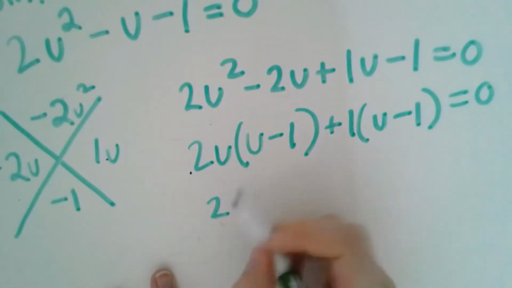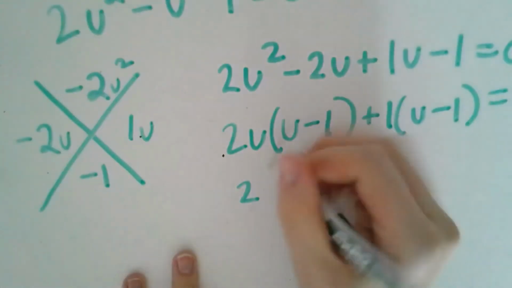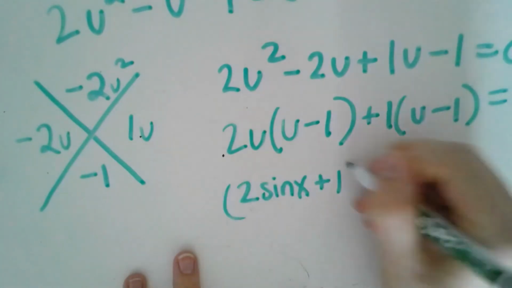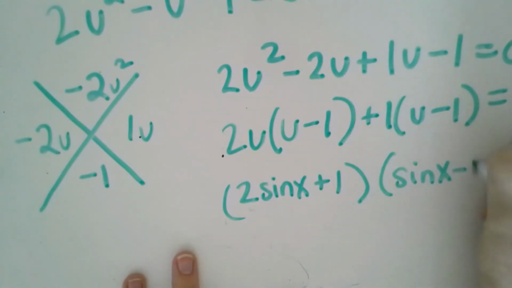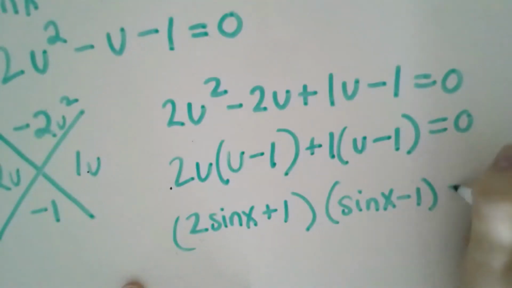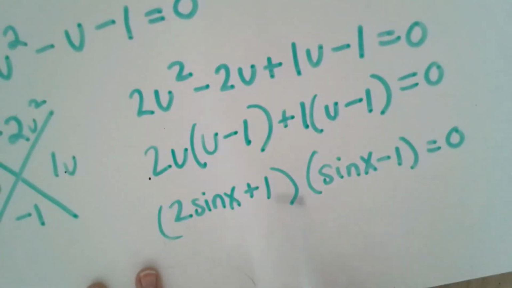And now I'm going to replace these u's again with the sine x that we originally replaced it with. So 2 sine x plus 1, and then sine of x minus 1, because these two u minus 1s will combine, because we can factor them both out, equals 0.